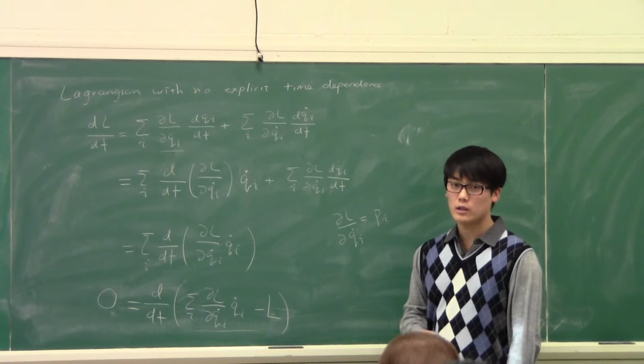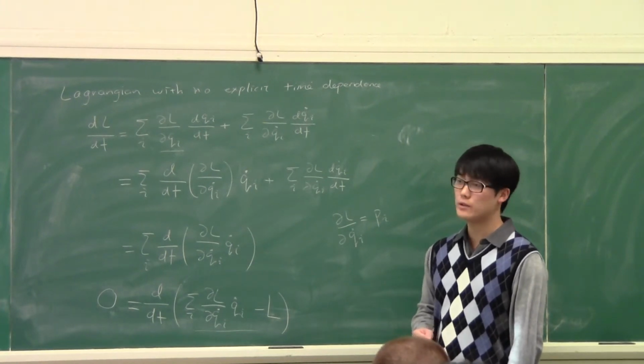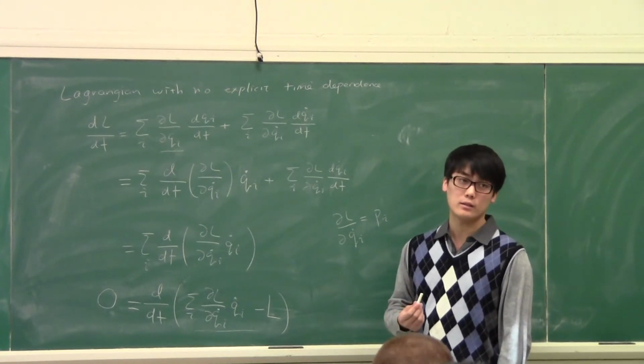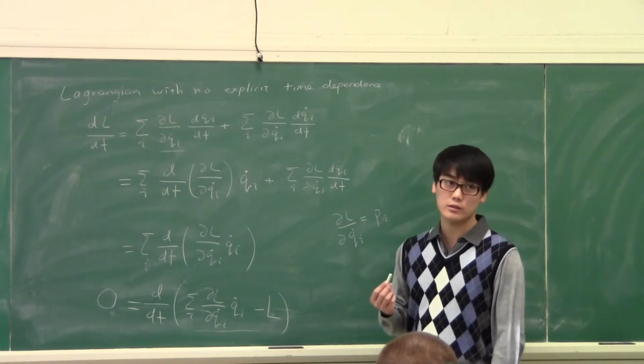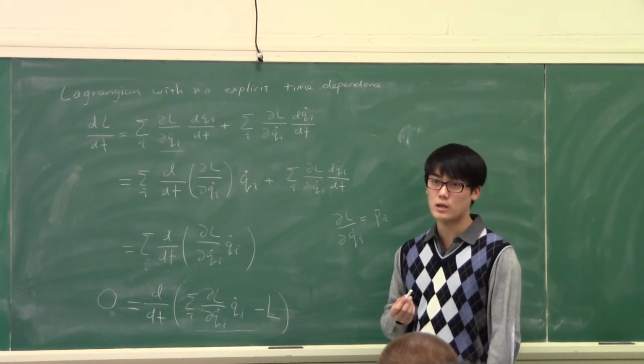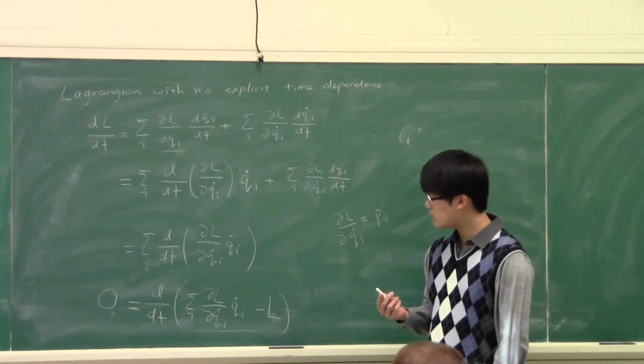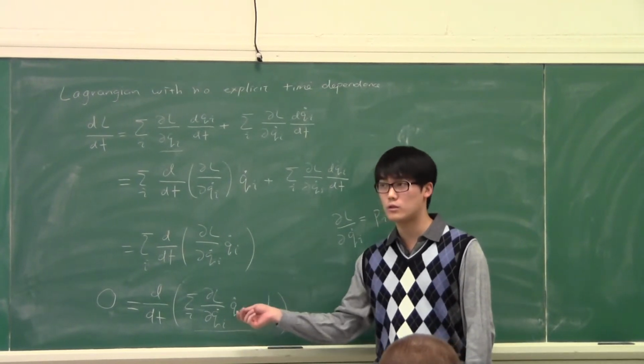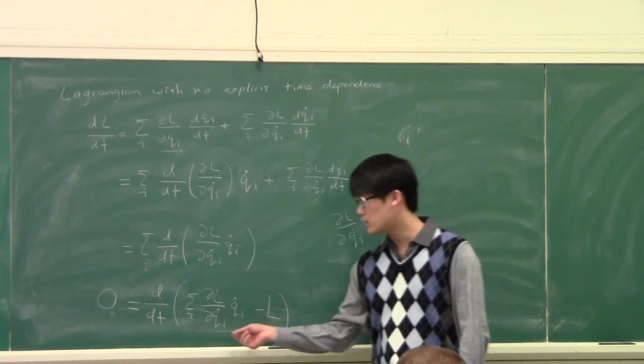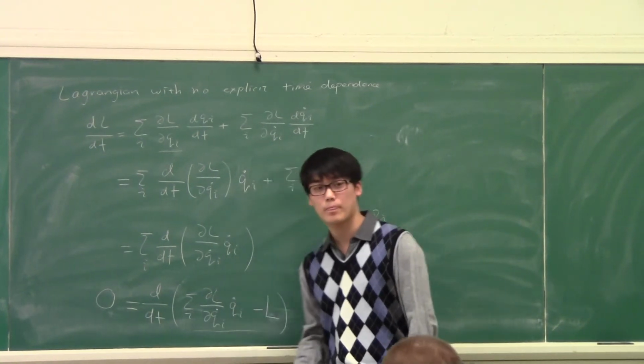So the conservation law here is that if we have a system with the potential function not explicitly dependent on time, then that is called a closed system. And for a closed system, the Hamiltonian, or the total energy of the system, is a constant of motion.